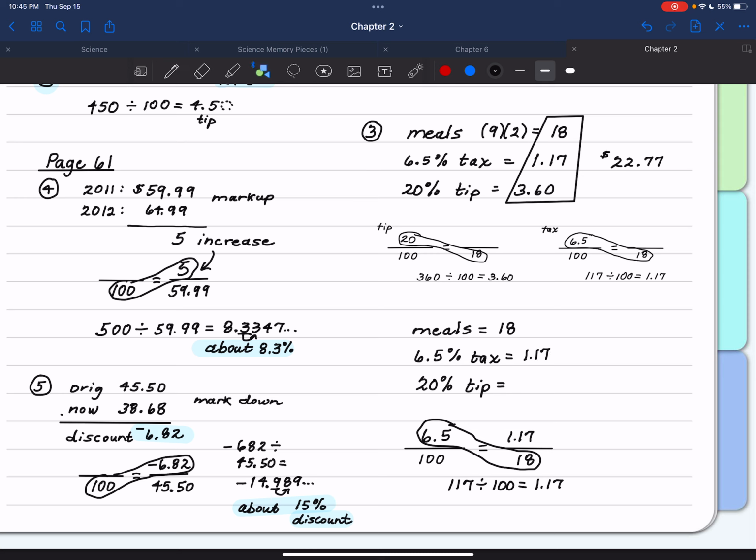But then this is what I do if it's not already done for me. I add the tax to the bill. So 18 plus $1.17 is $19.17. And this is the amount I do my tip on. So on the amount $19.17, I'm going to tip 20%.